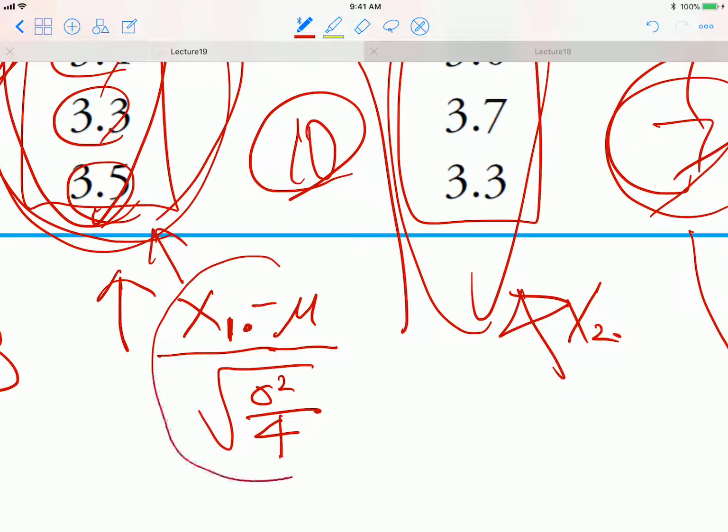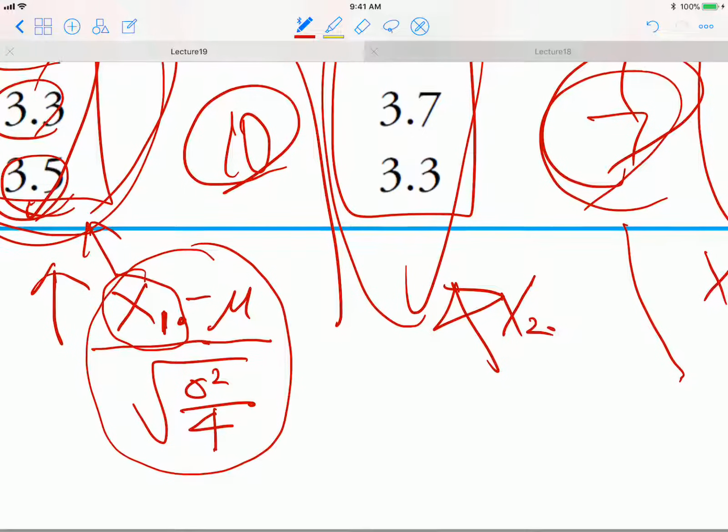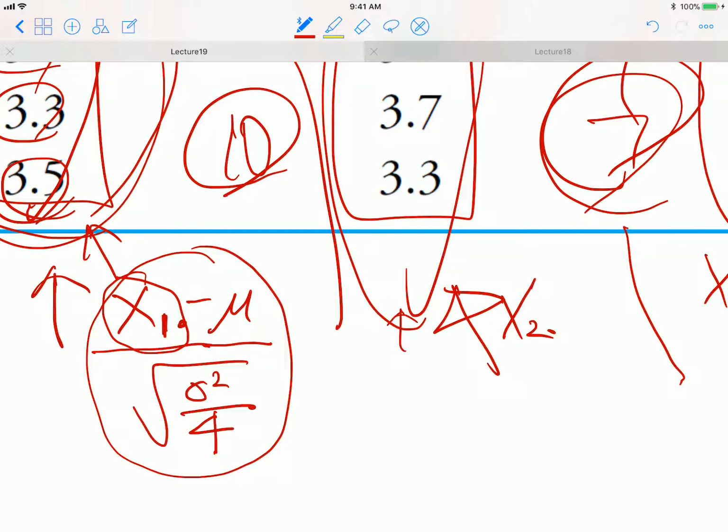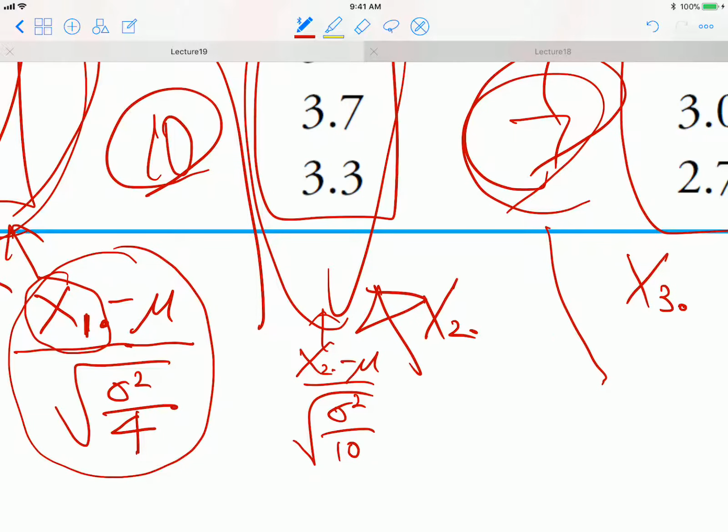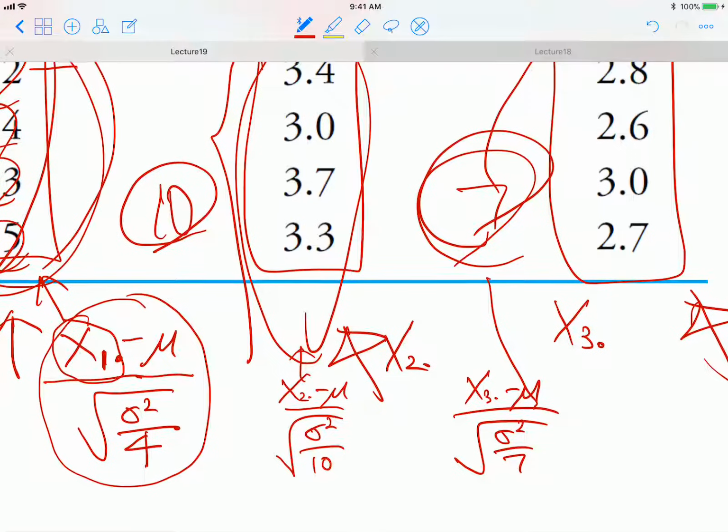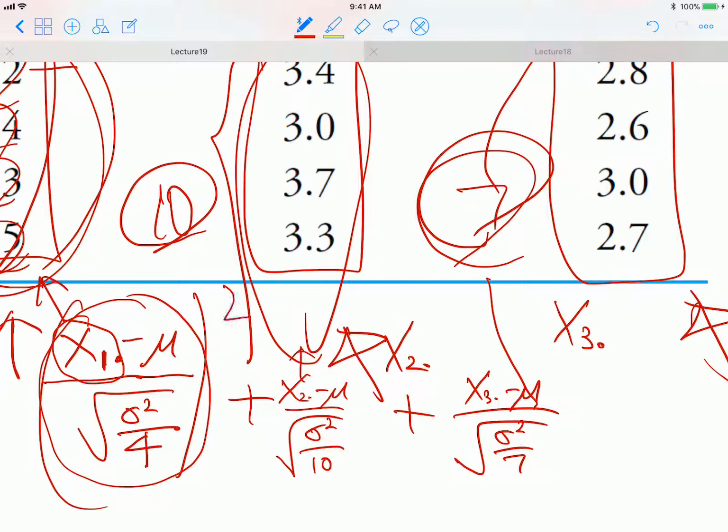So that's how we standardize the sample mean of the first group. And in this case, the same thing: X2 dot minus mu, divided by sigma squared over 10, and X3 dot minus mu divided by sigma squared over 7. Okay, and then we add them together after taking the square of each.